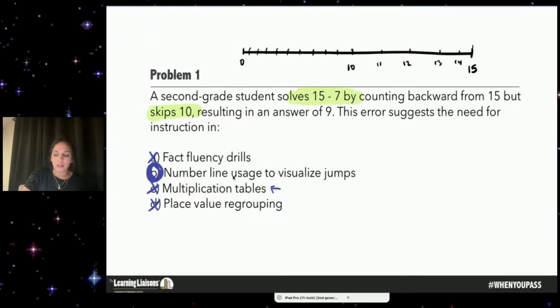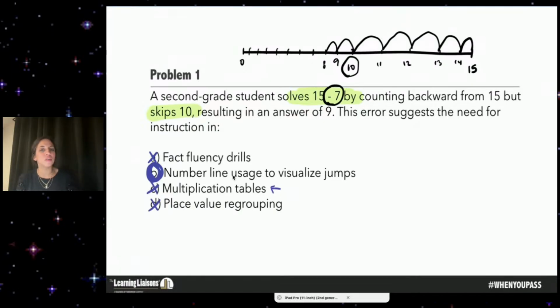As the student counts backwards, they are counting back 7. 1, 2, 3, 4, 5, 6, 7, 10, 9, 8. When the student skips that number 10, then they end up with the wrong answer. And so what we want them to do is be able to see on the number line what numbers there are when they're counting backwards.